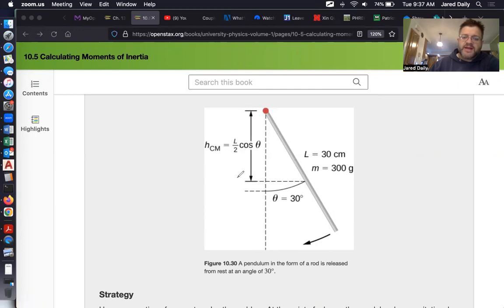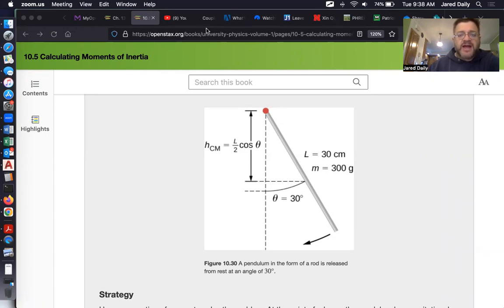And so they're calculating that height of the rod perpendicular across, which is L over 2 cosine theta. That's just because this is theta here, and this is the adjacent side. The total length is L, and the half of the length, which is what we're looking for, is L over 2.